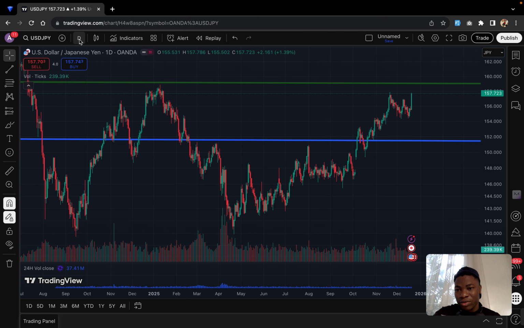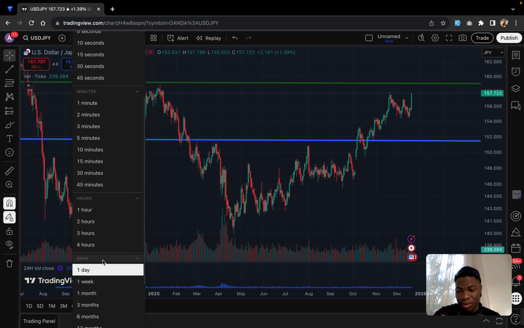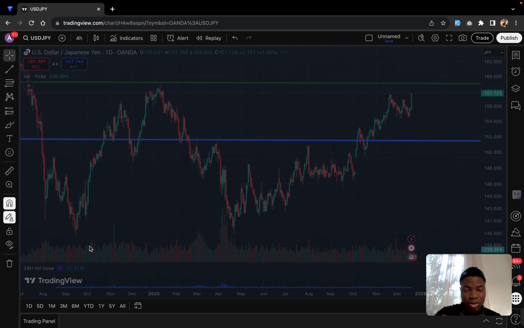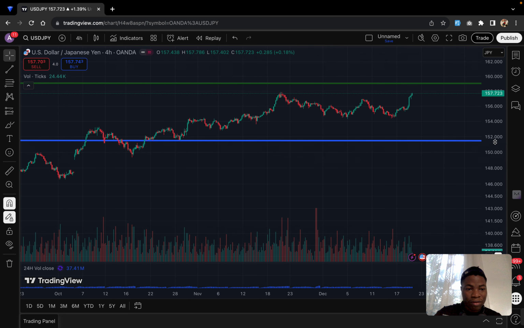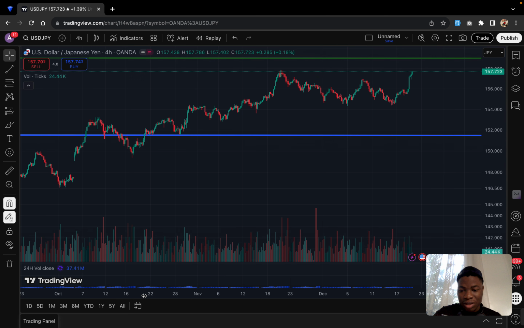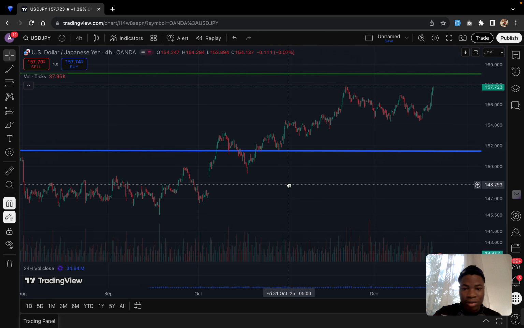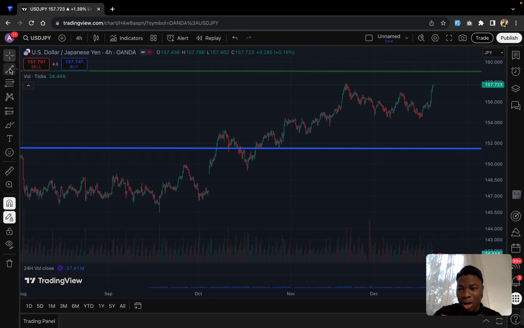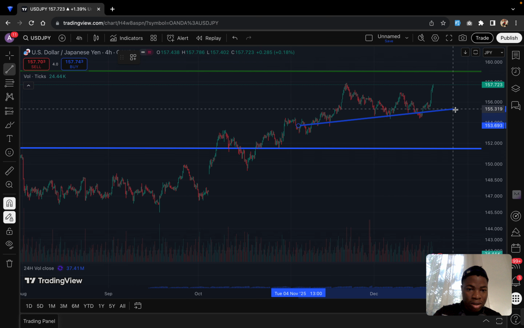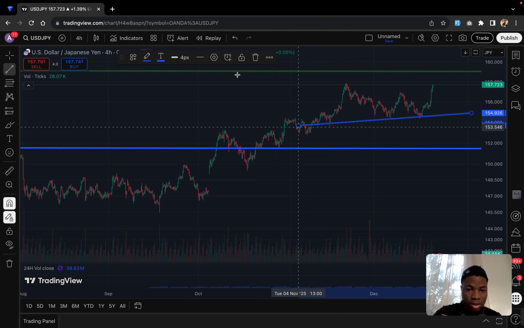So let's quickly move to the 4-hour time frame. So now this is the 4-hour time frame. I believe you can see my screen properly. On the 4-hour time frame we could also draw another support here.